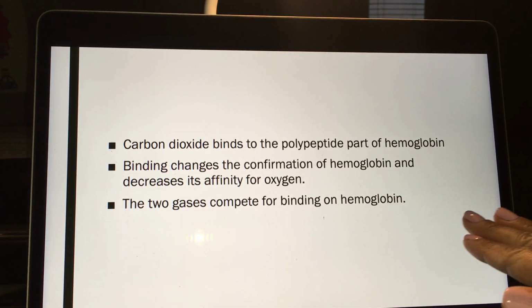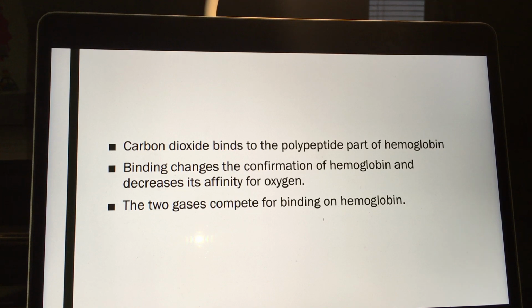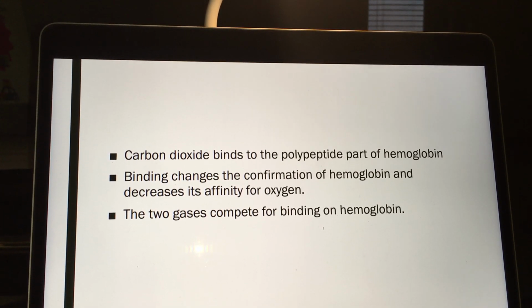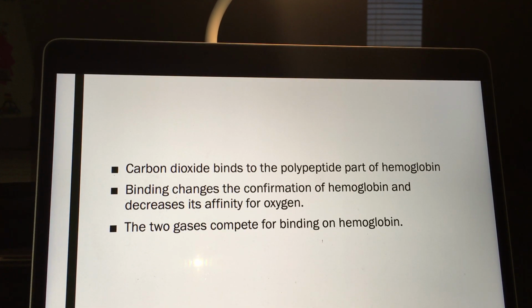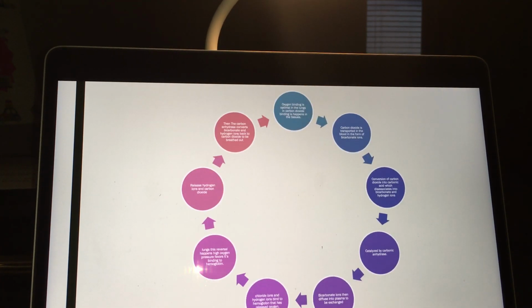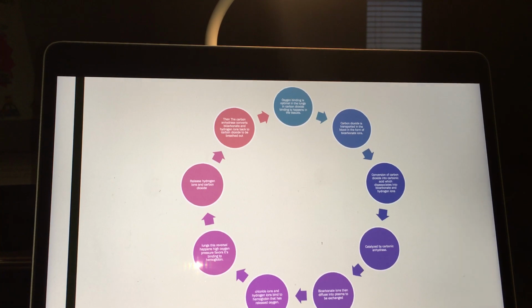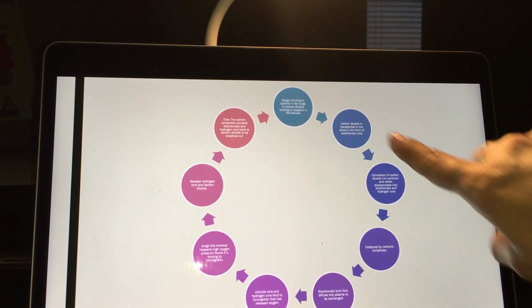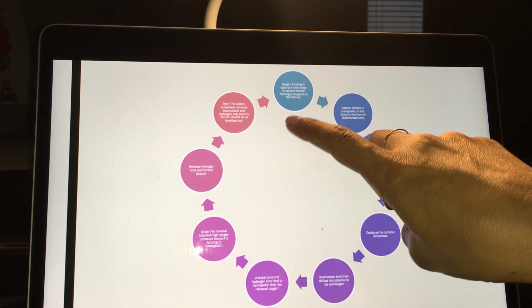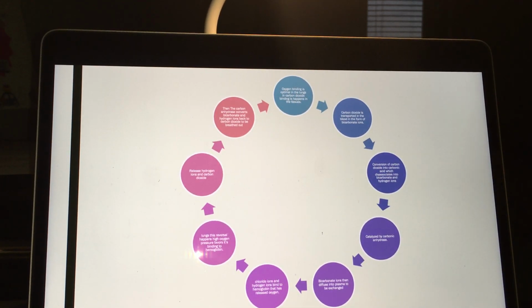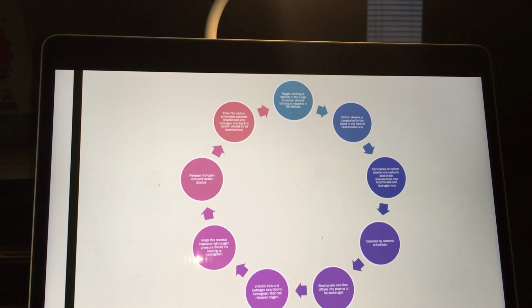We talked about how the carbon dioxide binds to part of the polypeptide. So here I made this diagram of the sequence of the process. Oxygen binds in the lungs, carbon dioxide in the tissues.